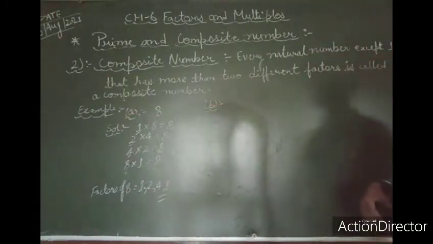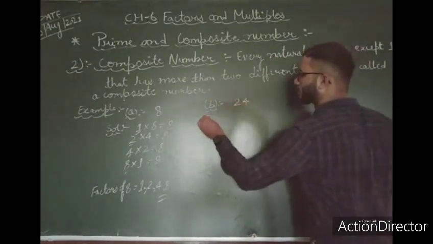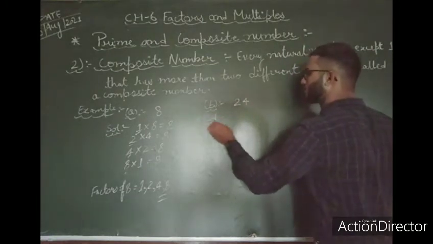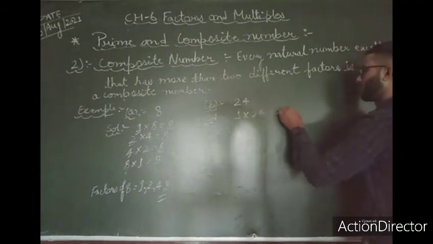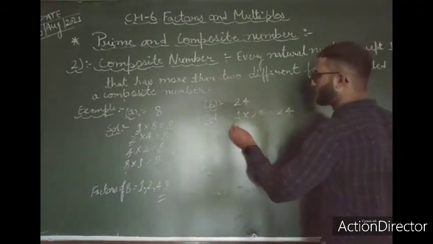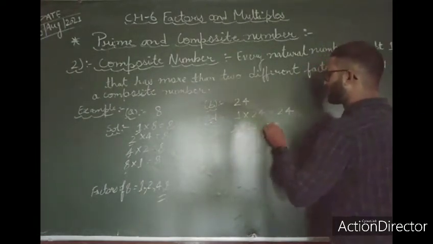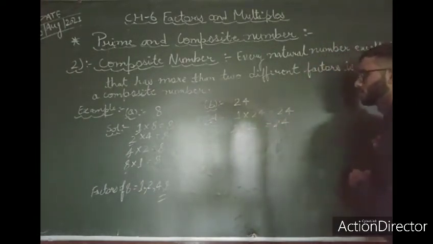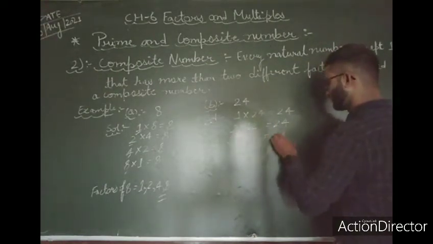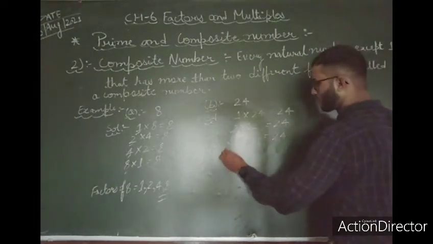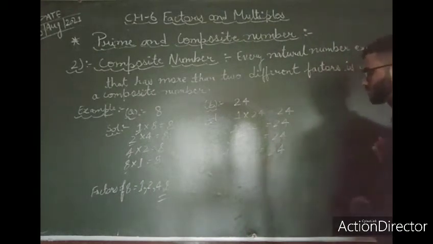Now we take another example, 24. We start from 1 multiplied by 24, which gives 24. Then 2 multiplied by 12 gives 24, then 3 8s are 24, then 4 6s are 24, then not divisible by 5.